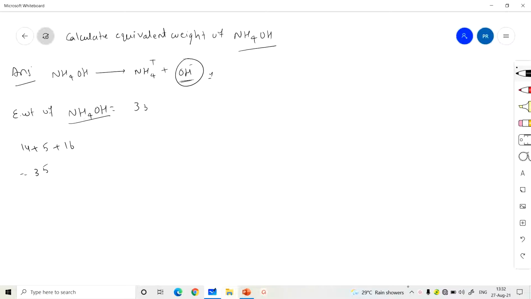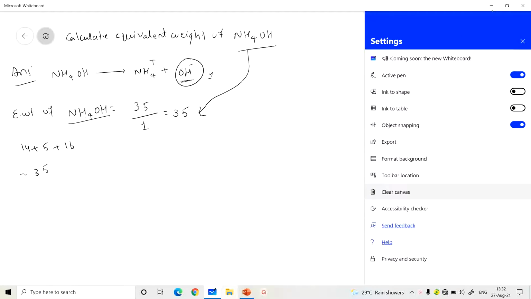So that is 35. The equivalent weight of ammonium hydroxide is 35 divided by 1, that is equal to 35. This is the equivalent weight of base.